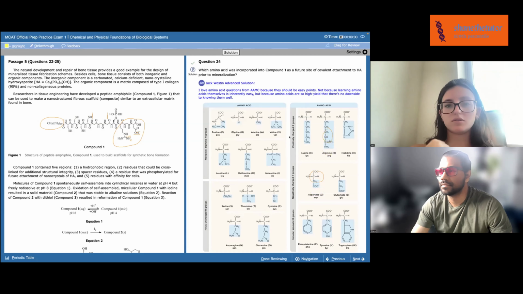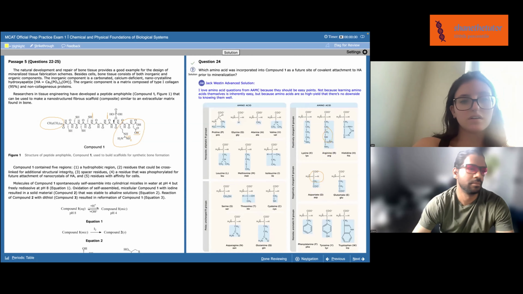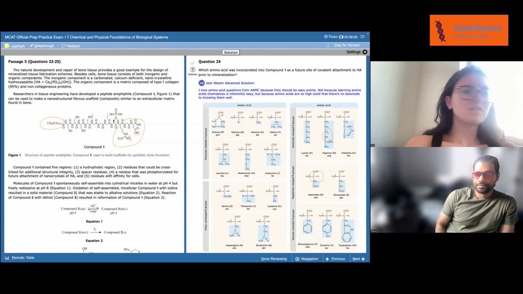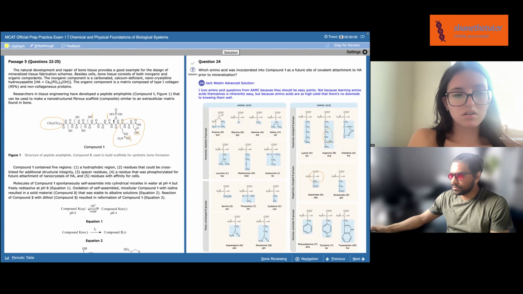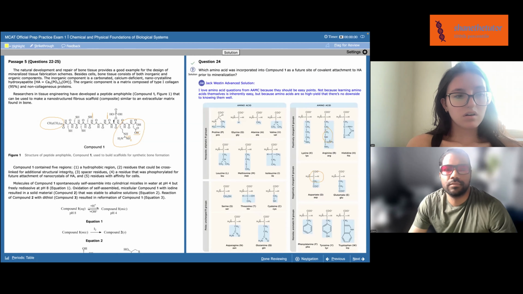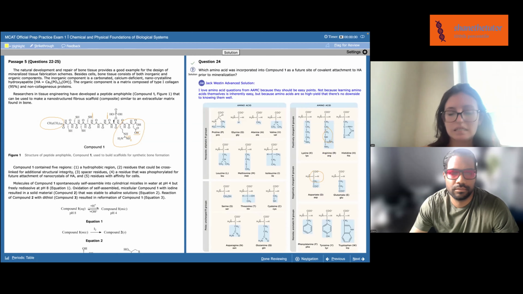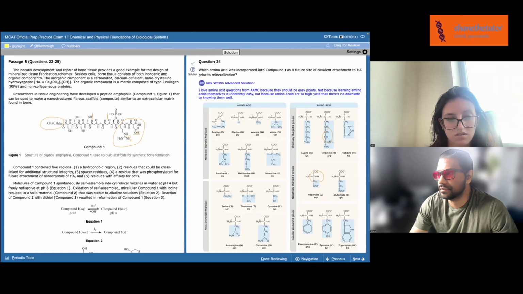As a future site of covalent attachment to HA. I don't remember what HA is. Oh, hydroxyapatite. I'm not sure.